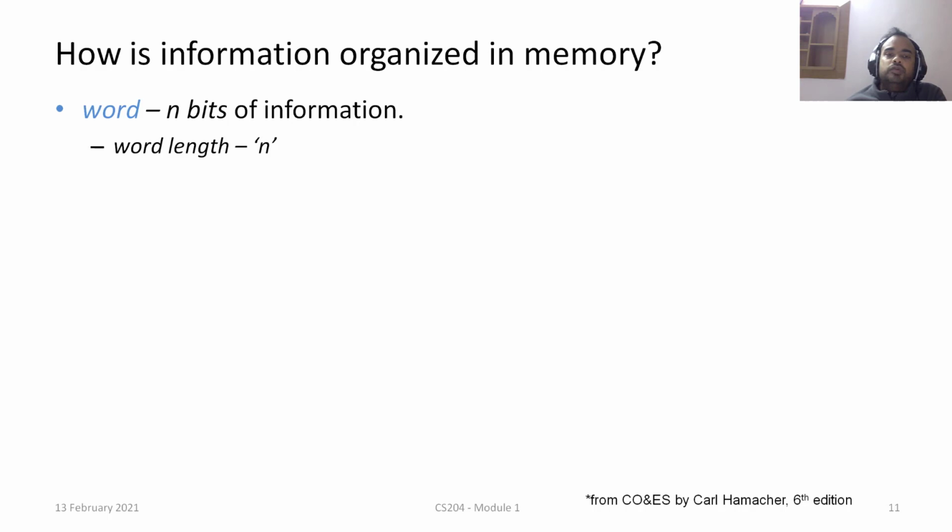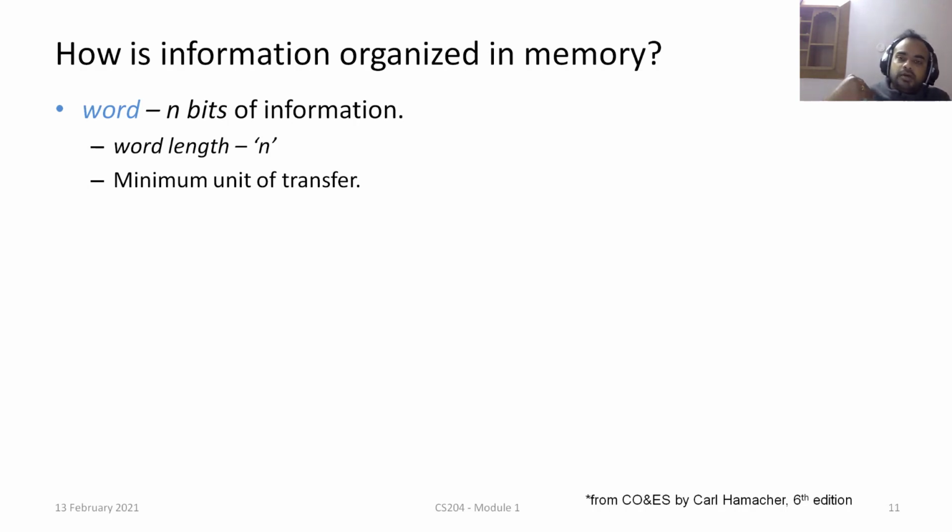The n is also called word length. We are going to use the term word length in the next couple of lectures also, so do remember it. And why is this notion of word introduced? This is because whenever the memory is contacted, it replies with a word of data, not a byte of data, not a bit of data. It replies with n bits of information.